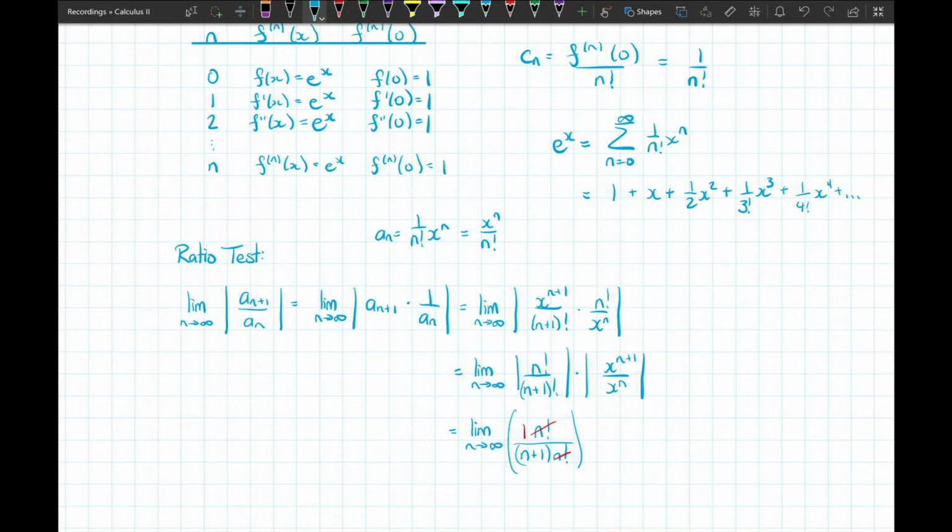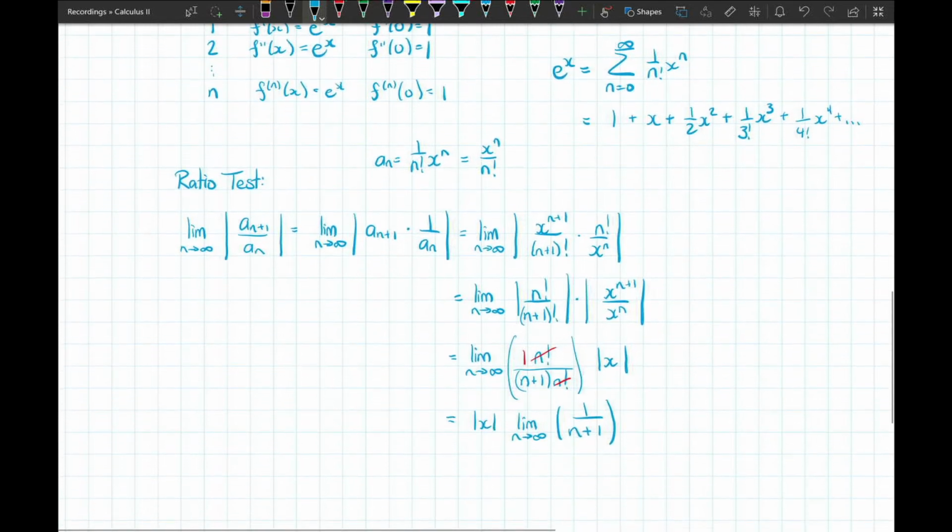And we have x to the n plus 1 over x to the n, and using just basic exponents, that is equal to x. But we'll have to keep the absolute value on x because x could be potentially any real number. This, however, is just a constant with respect to n. We can move that out front, and we need to only take the limit as n goes to infinity of 1 over n plus 1. And that is equal to 0.